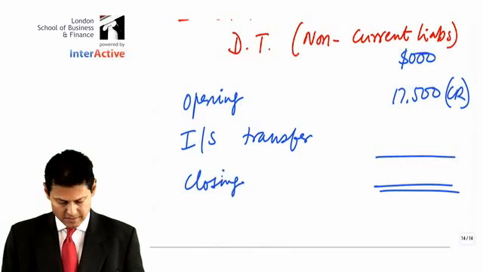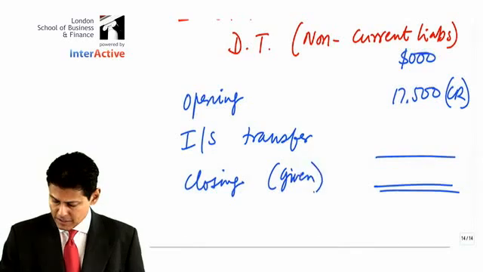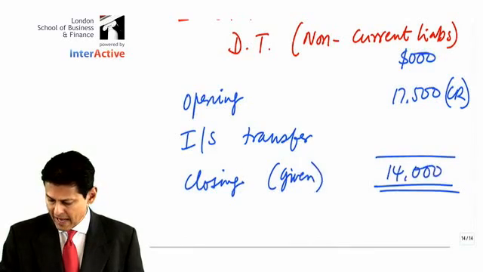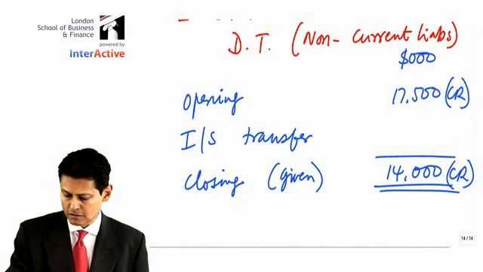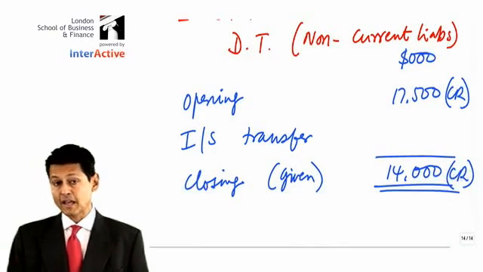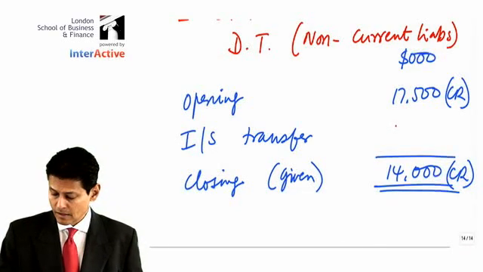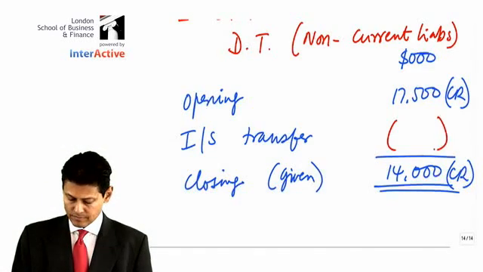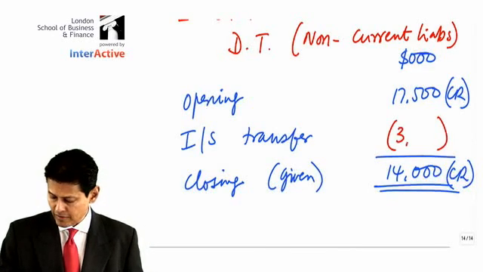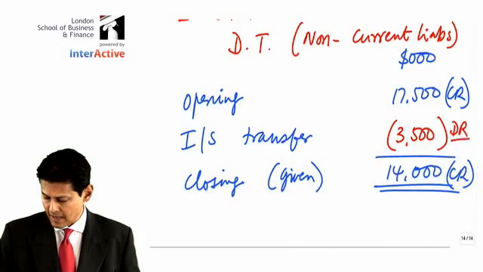In this particular case it is given as 14,000. Now that's interesting. If you recall a couple of minutes ago, I was saying to you that if your opening balance goes down, when you're looking at the closing balance, the difference must be bracketed. And clearly this one is a debit.